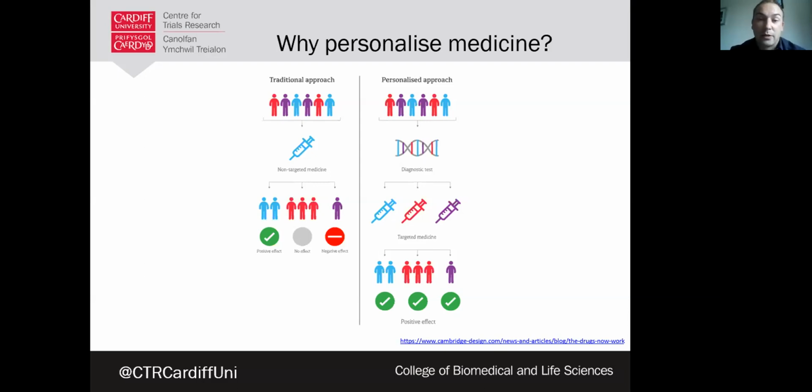But of course, it requires a screening test in combination with different treatment options for different types of people or subpopulations. And as we develop these kinds of treatments and screening tests, it's pretty obvious that the classical two-arm randomized control trial is not good enough to do that.